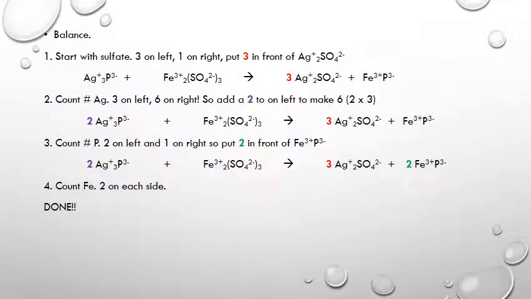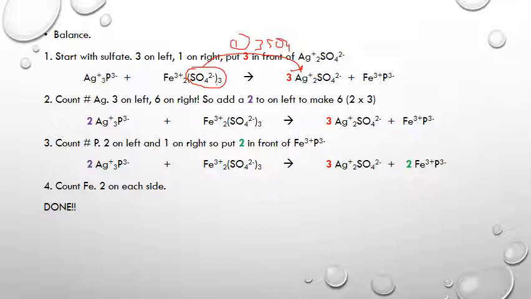Okay, so I am going to start with the negative ion, which has the most negative charges. So I have 3 sulfates. So the first thing to do is I'm going to get 3 sulfates. Okay, ding.